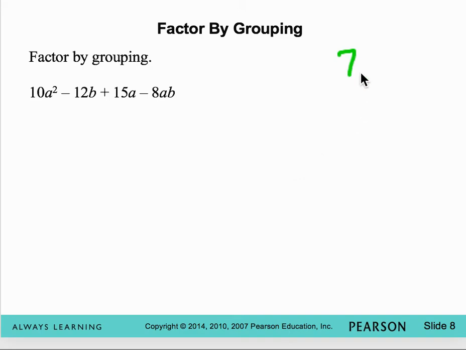And so those are going to be prime. But before we decide it's prime, make sure we've exhausted our possibilities. Just because it doesn't work in one order doesn't mean it won't factor. So when I'm looking, let's put these together and then maybe these, because these both have a B, these both have an A. So I'm just going to rewrite it.